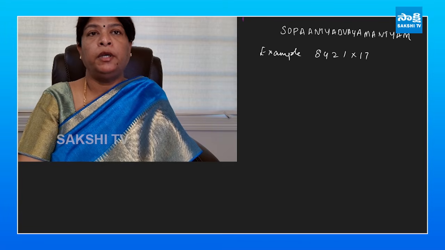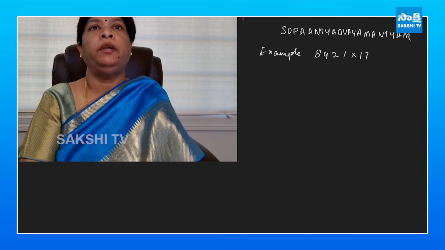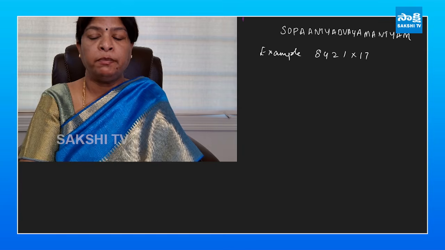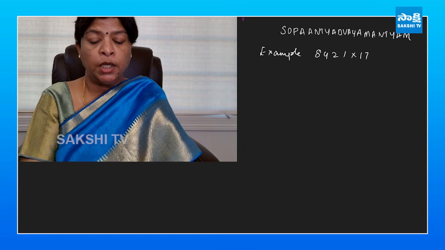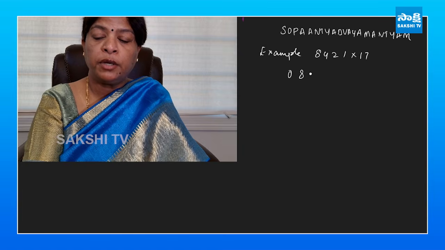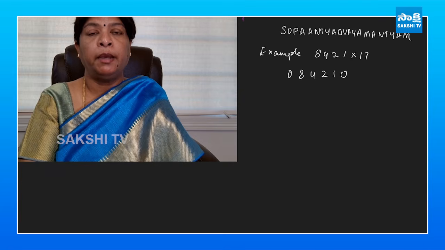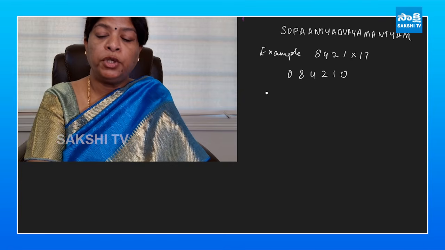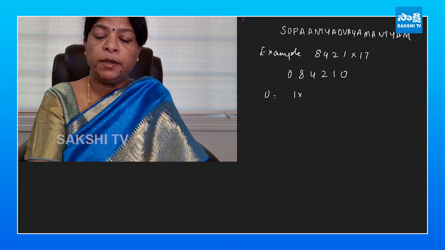We now have 8,421 multiplied by 17, where our multiplicand is 8,421. So we begin with adding a leading and the trailing 0 to our multiplicand. And we then apply the sutra. So our units place digit is 1 times 7 plus 0.